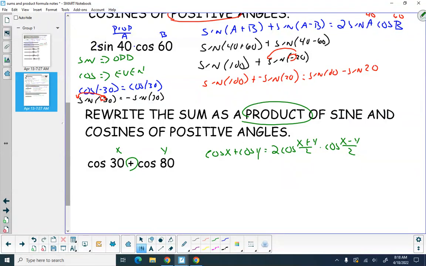Which is x plus y divided by 2 and x minus y divided by 2. Put in your 30, put in your 50.